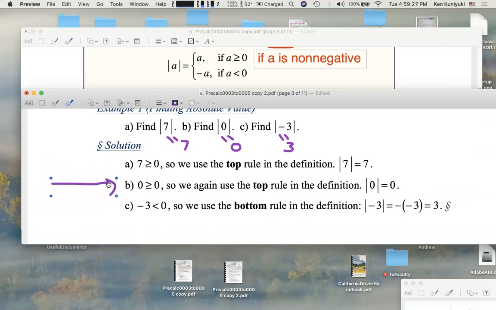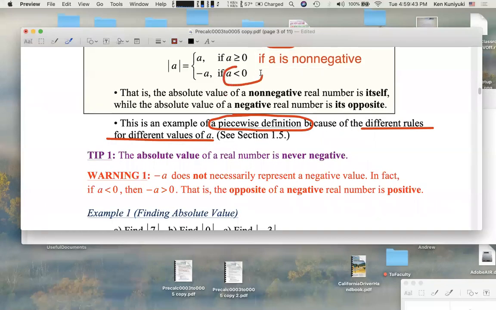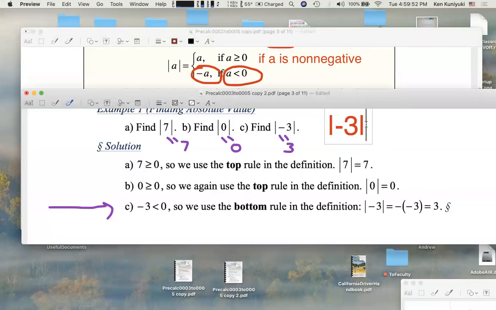But now, what about the absolute value of -3? Let's type this out. Now, the absolute value of -3. If a equals -3, we take the bottom rule. And the absolute value of a is its opposite. So the absolute value of -3 is the opposite of -3, which is +3.